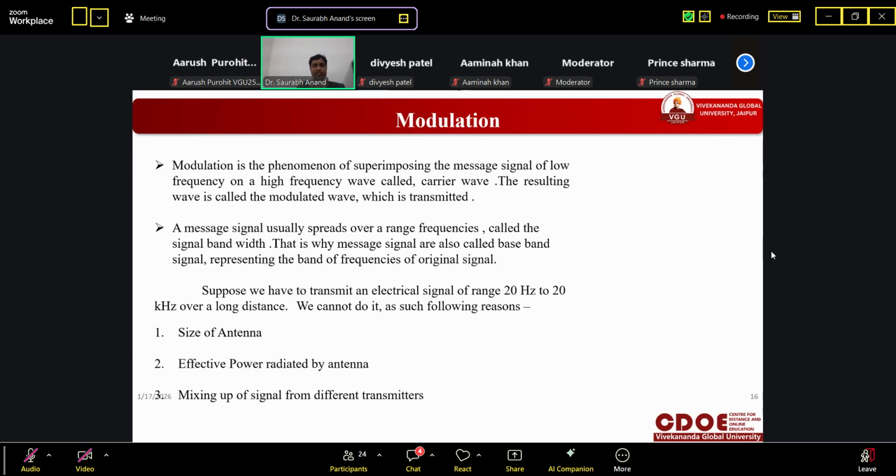So now the process that I was talking about, that is modulation. First I want to ask you, what is the audio frequency range?